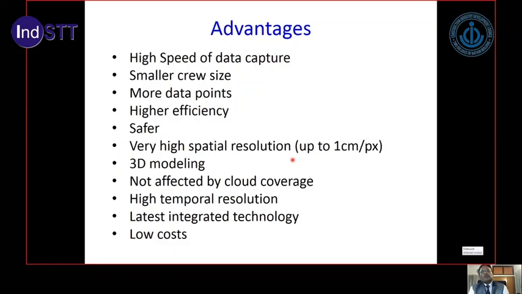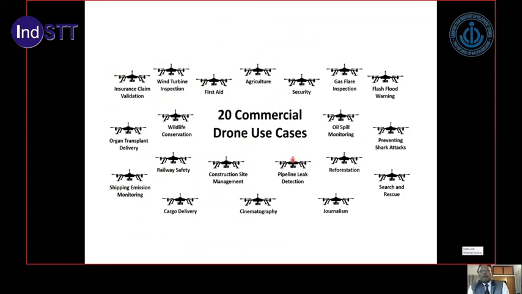High temporal resolution, that means I can take as many images of a point as required, and it is a low cost technology.